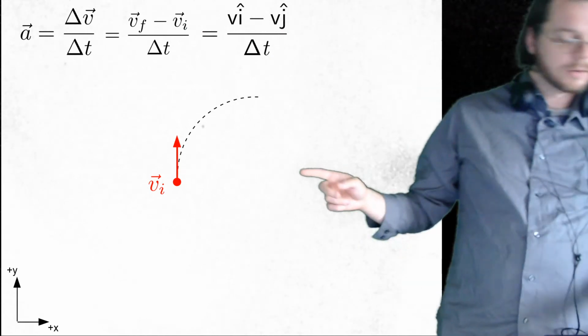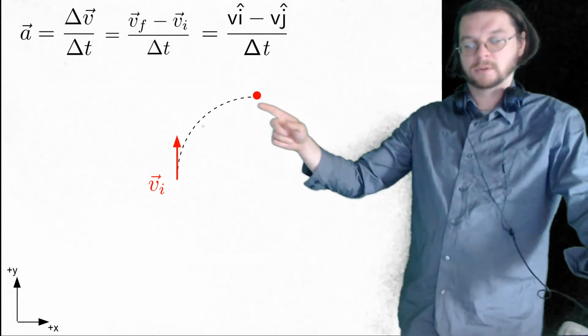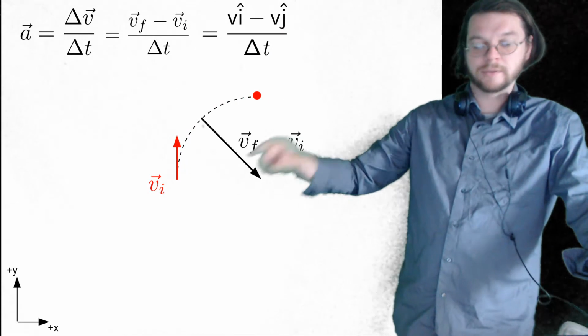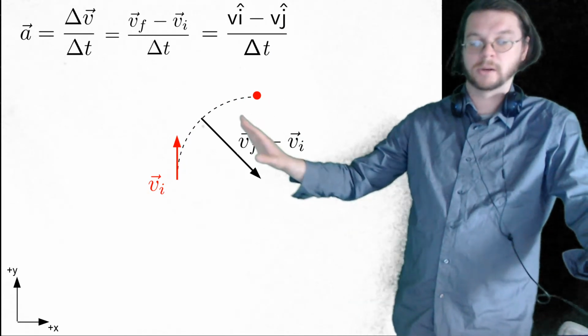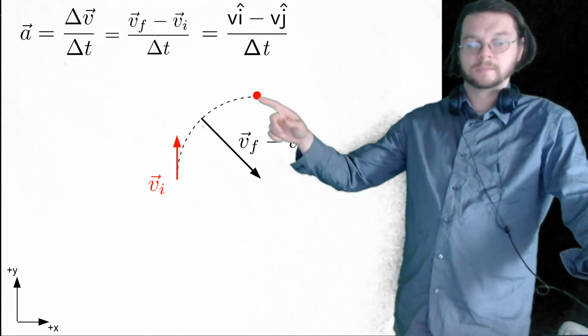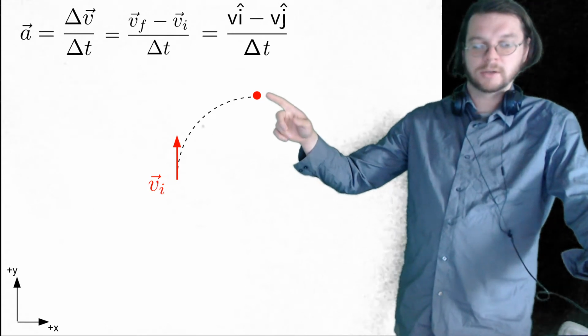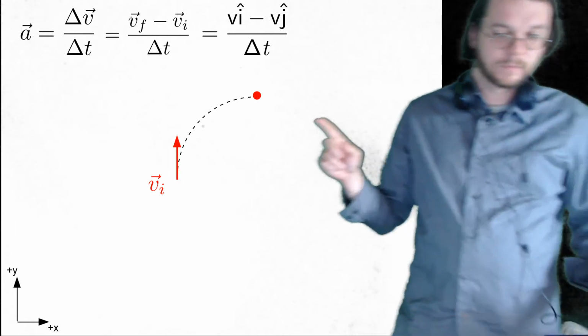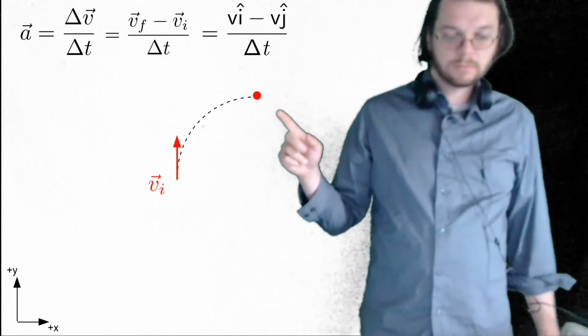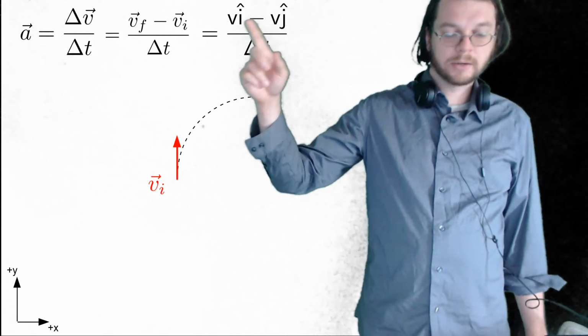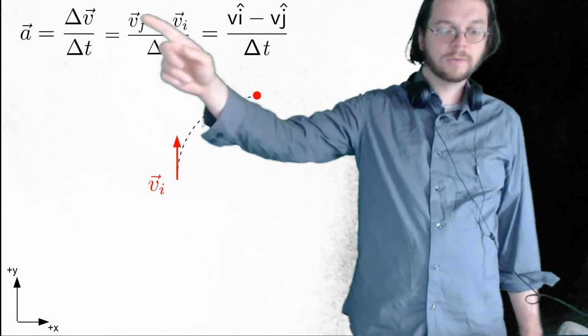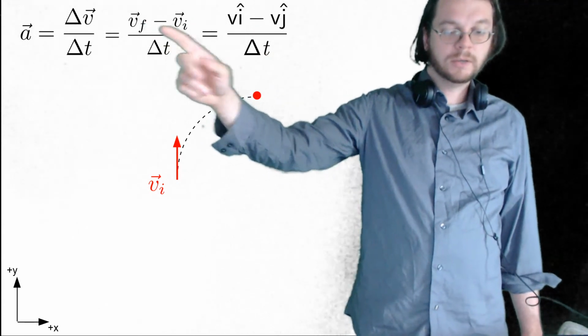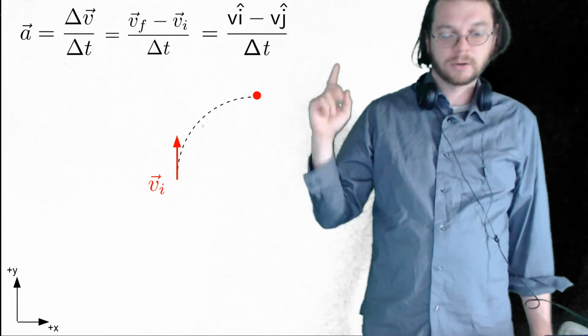And then the final velocity, once we're through this turn, obviously we're going through the entire circle, we're just sort of breaking it down into a quarter. The final velocity here is going to be to the right, so that's positive x. And so the i hat here means in the x direction, and so v final is just going to be v, our speed, but in the x direction.